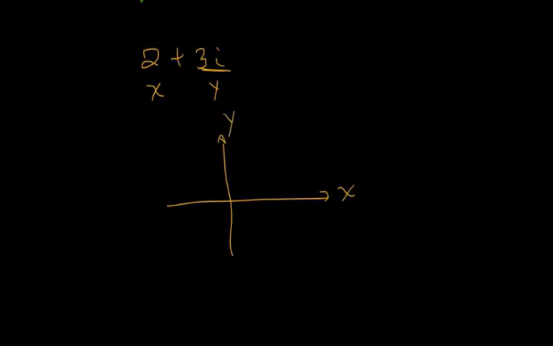This means it goes 2 units to the right and 3 units up. This is the point, 2 + 3i. So we can represent a complex number on the xy axis.